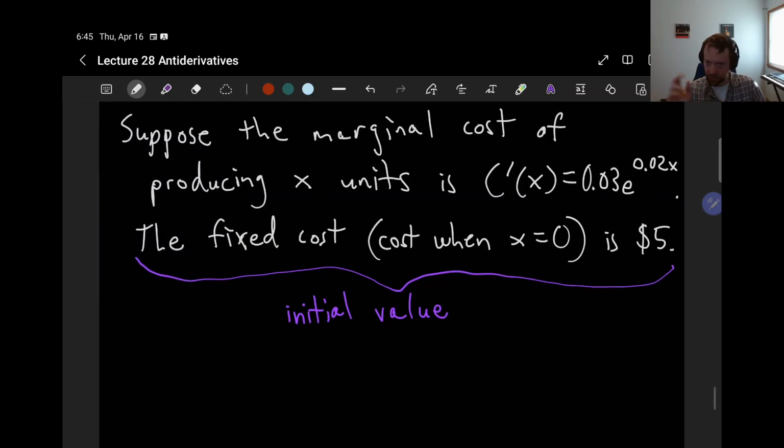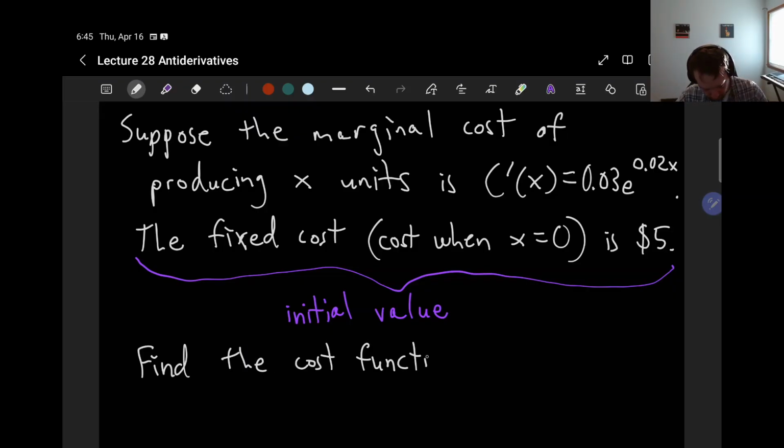So that little extra bit of info is called the initial value. And so the goal is find the cost function, capital C. Again, we know the marginal cost, the derivative, and we know a little bit of extra information, that initial value. And then that will be all we need to find the cost.